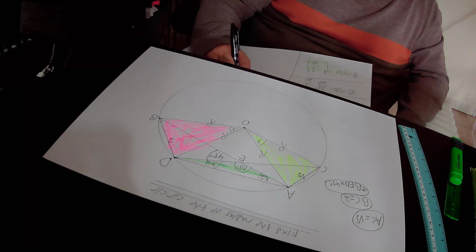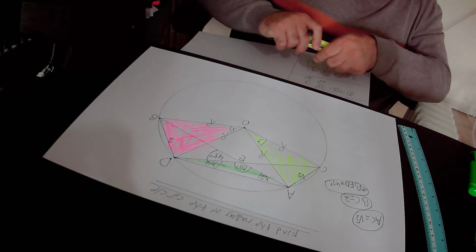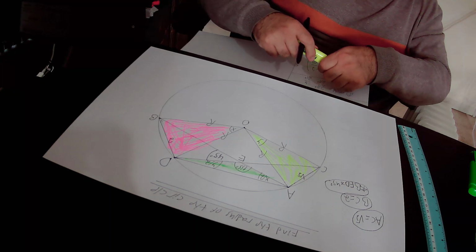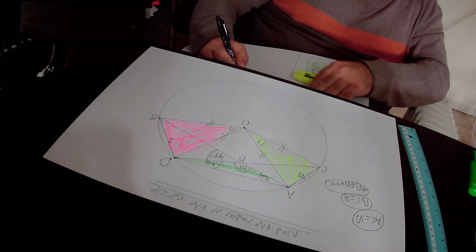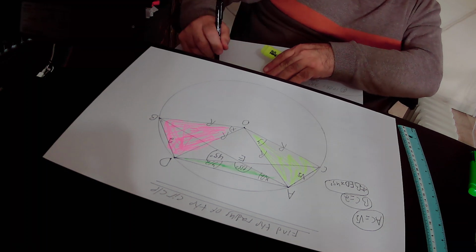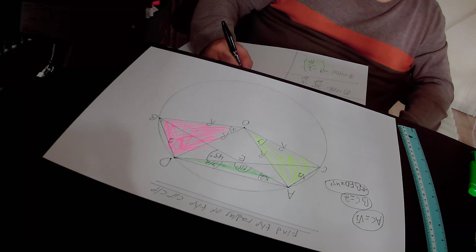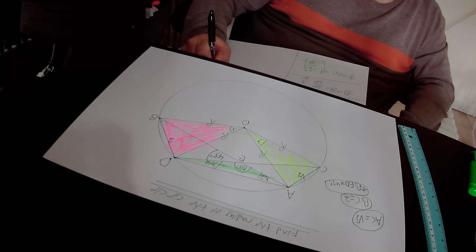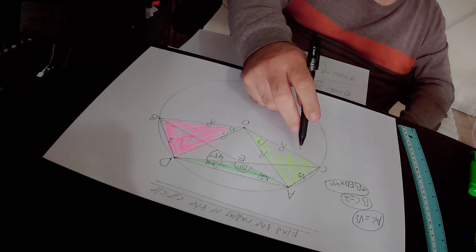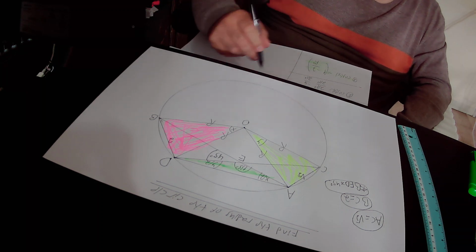In the yellow triangle AOC, according to the law of cosines, we get that cosine y equals r squared plus r squared minus square root of 2 squared. Square root of 2 squared is 2, so it is minus 2 over 2 times r times r.